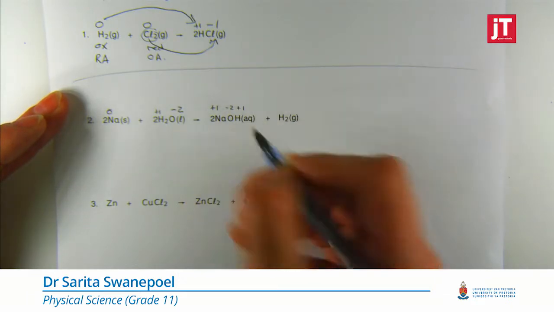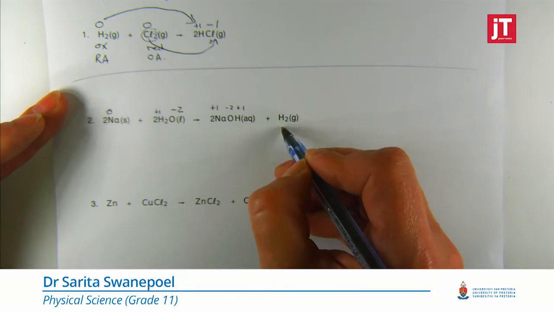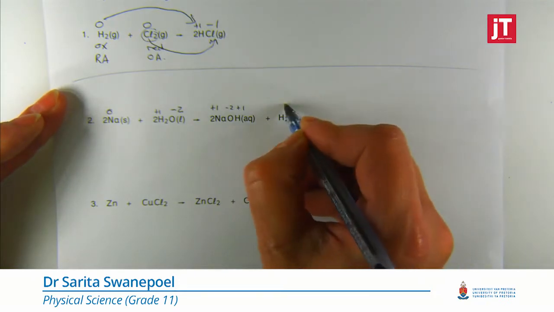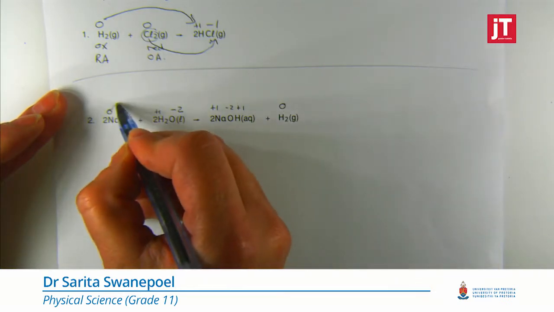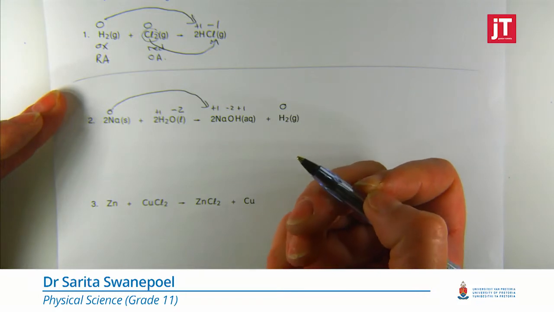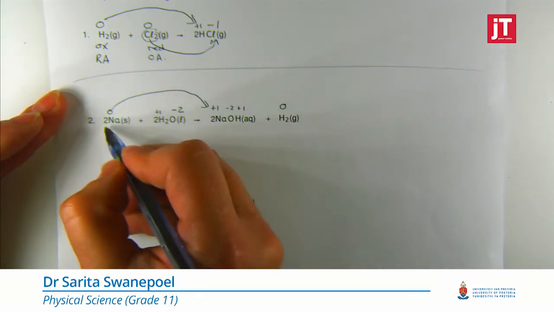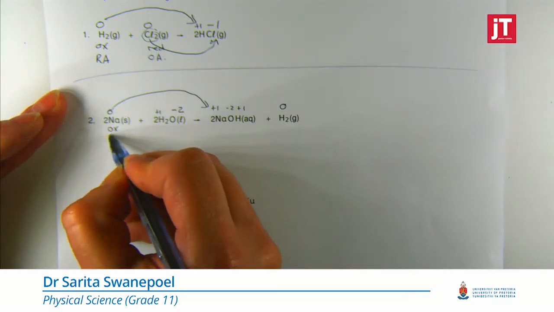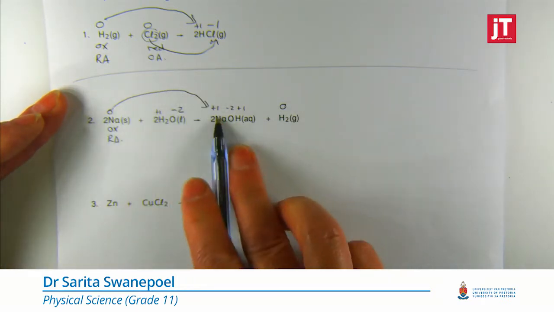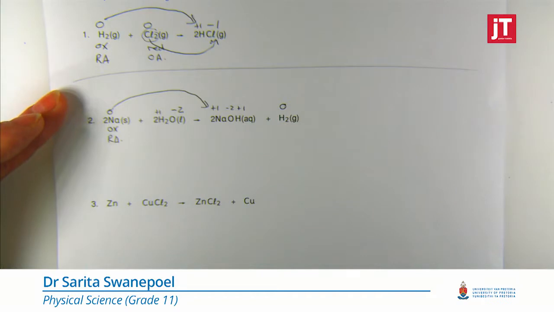Hydrogen, once again, +1. And how about that hydrogen? What is the oxidation number of that hydrogen? 0. Nice one. So the sodium is going from 0 to +1. It's increasing. So this one is the one that is oxidizing. This one is the reducing agent, because the oxidation number is increasing.